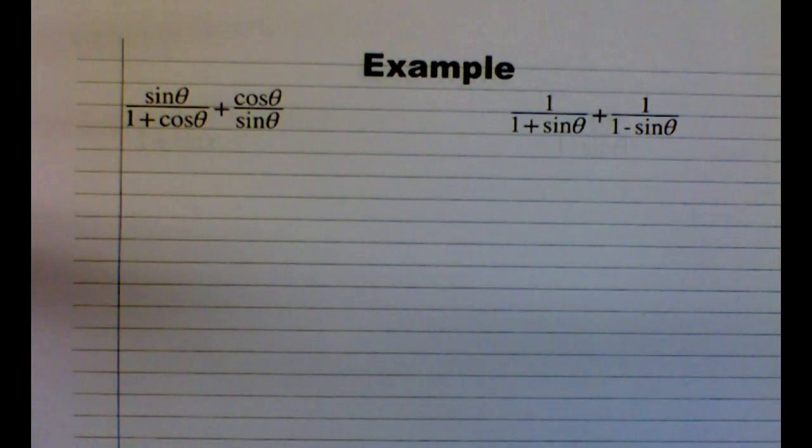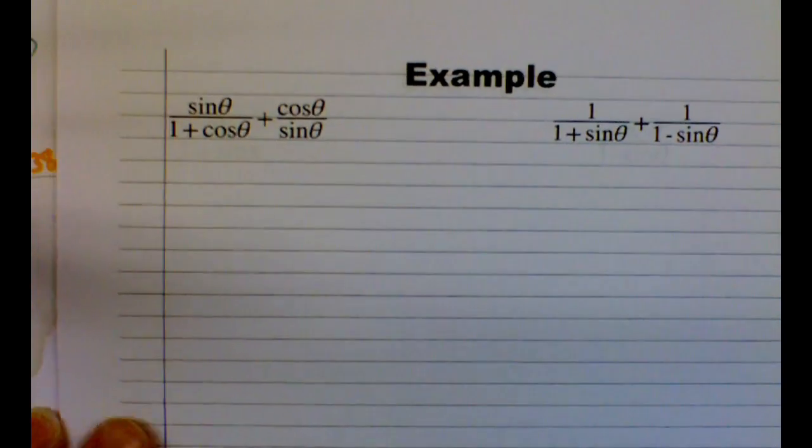All right, now we're getting into fractions. I look at my fractions and I don't see anything I can do. So I have to get creative. Several ways to get creative, but when you see a 1 plus a trig function, one trick is to multiply by the conjugate.